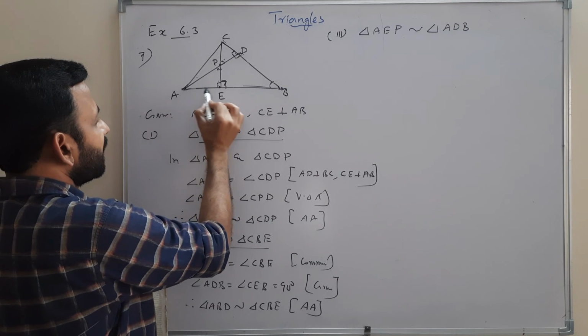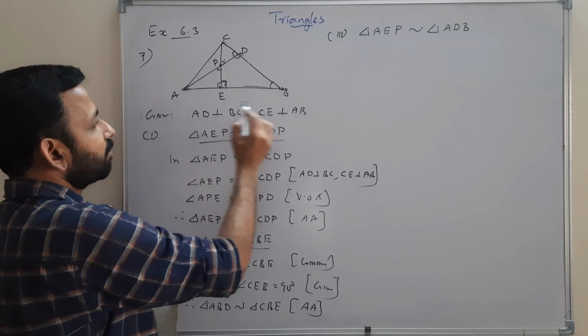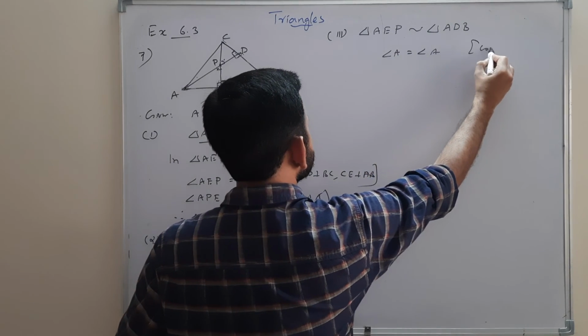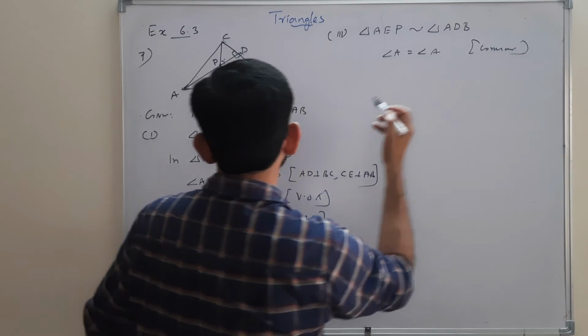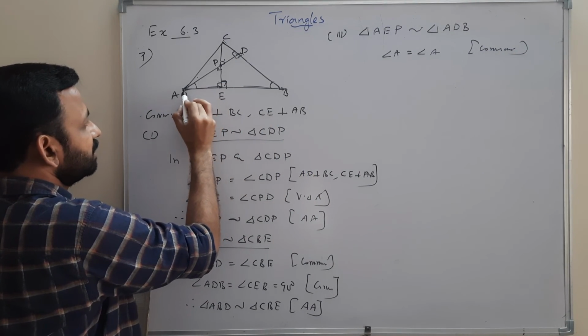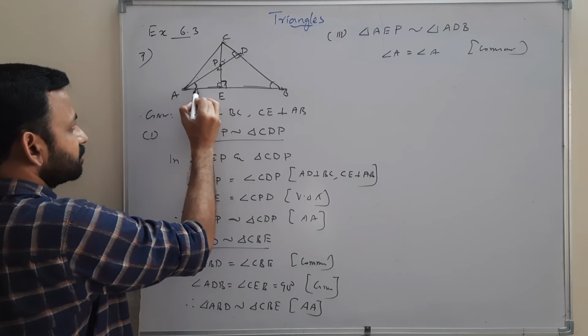Angle A is common, because in triangle AEP angle A is there and in triangle ADB there is also the same angle.